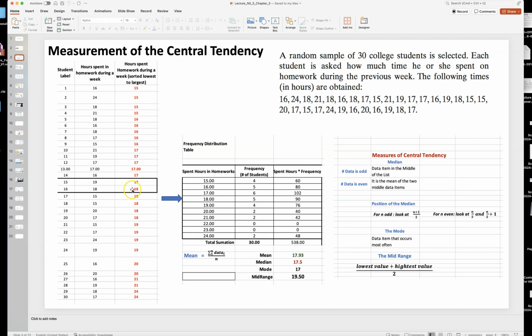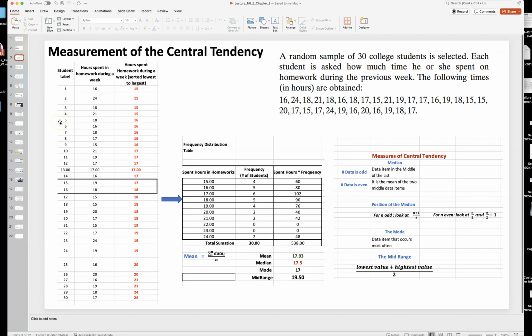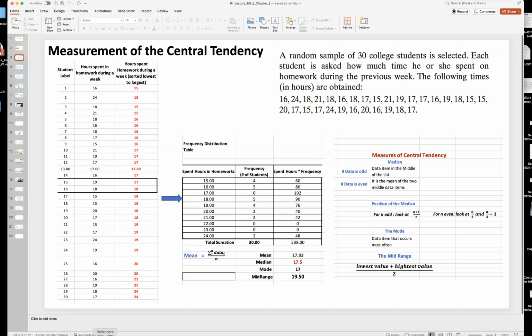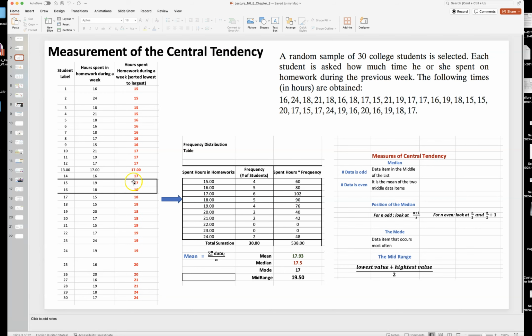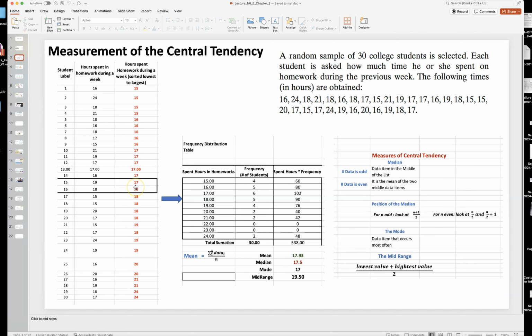So these two numbers split the complete list into halves that have an equal number of samples. These two numbers are the ones that you're going to take into account to compute the median. So you add these two, and then the result of the addition is going to be divided by 2.